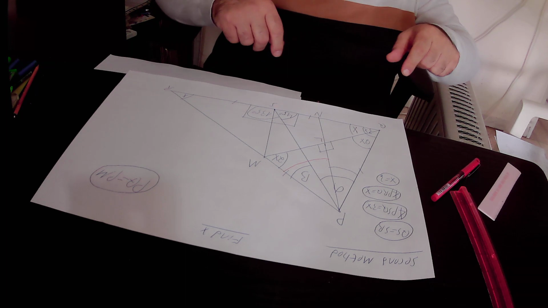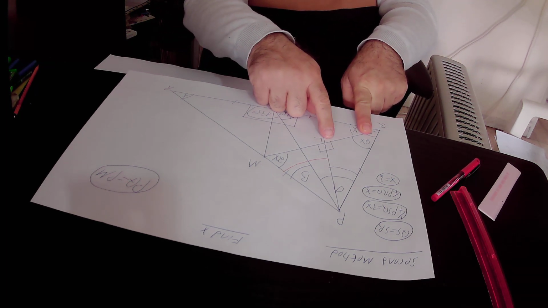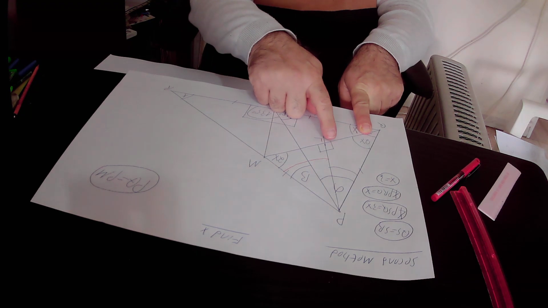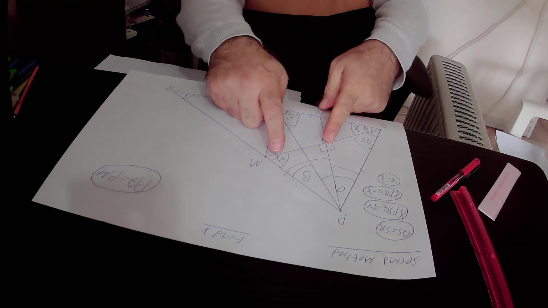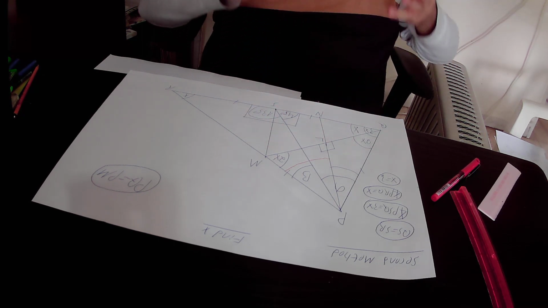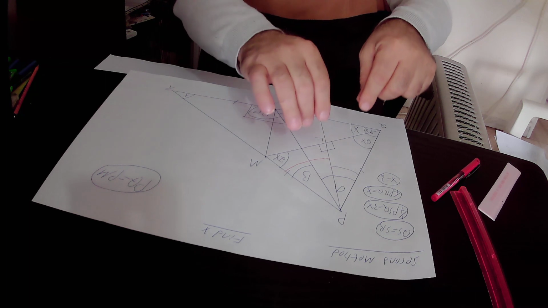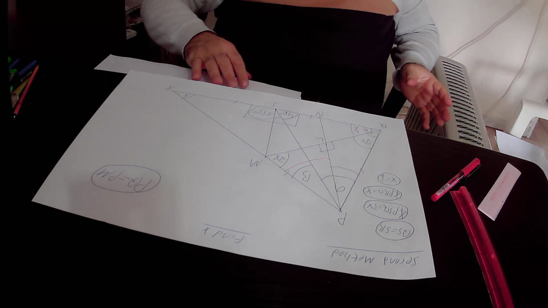Okay? And we actually found out that those two angles in triangle PLQ are equal to those two angles in triangle PLM. That is to say, we found that in those two triangles there are two pairs of angles that are equal to each other.